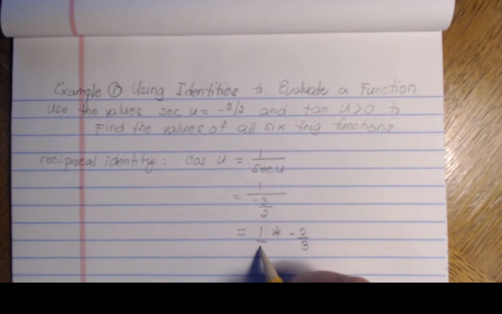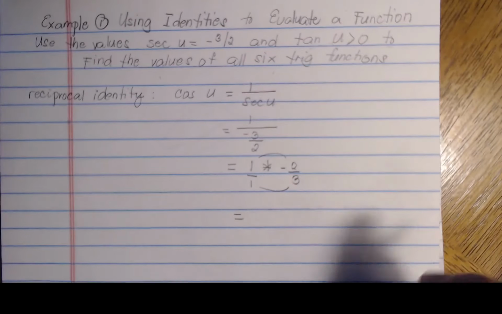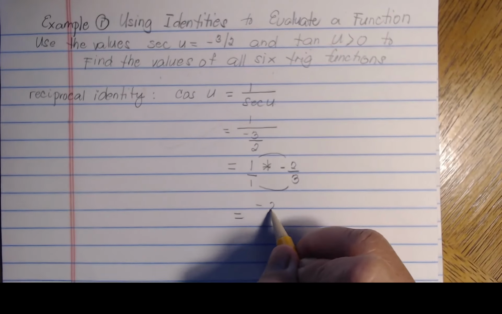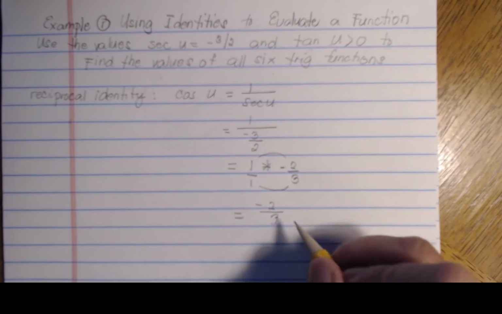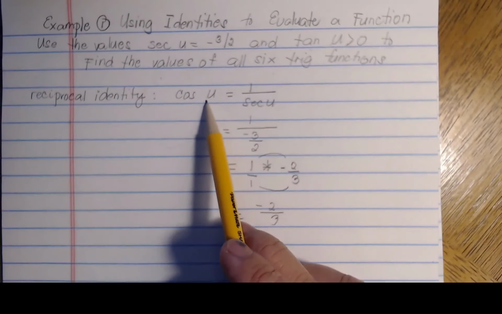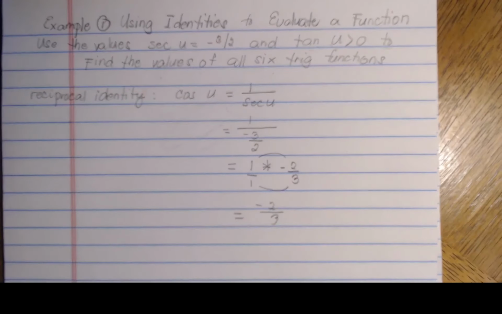And of course, proceed to multiplication of fractions. Now you will have negative 2 over 3 as the value of your cosine u.